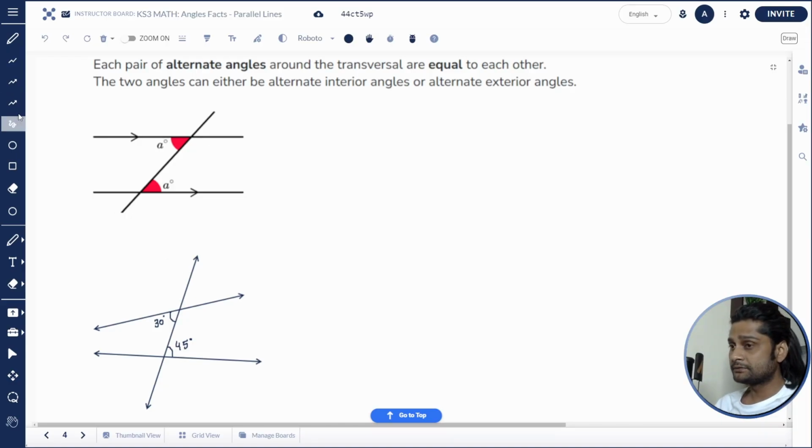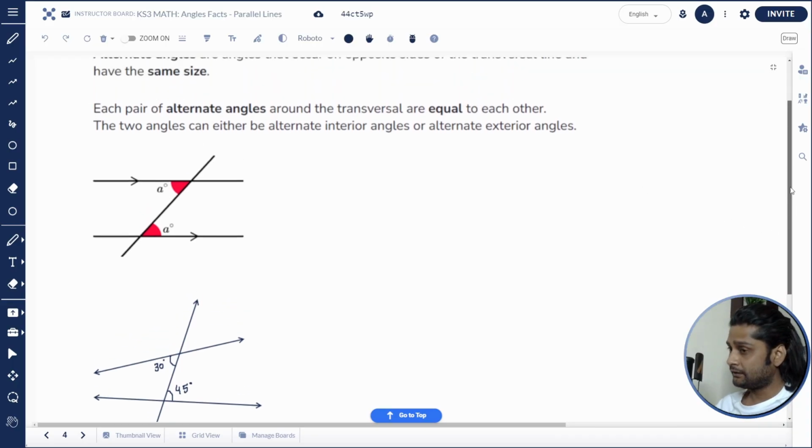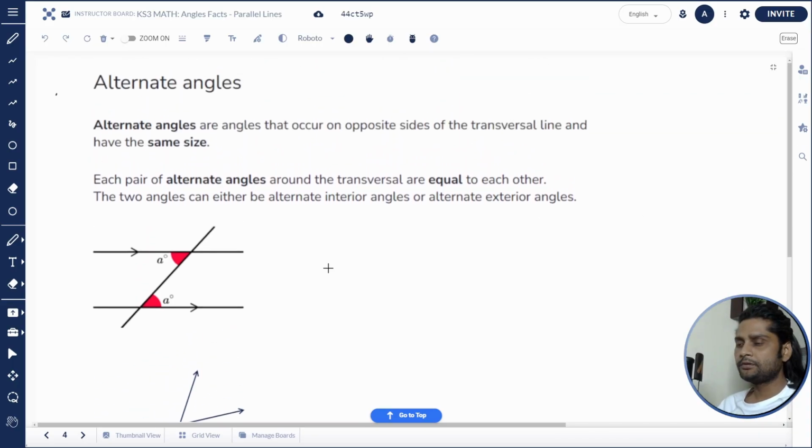Now students, we can further categorize them as alternate interior angles and alternate exterior angles. So students, the example we see right now are called alternate interior angles. Why? Because we see the angles lie in the interior region of the parallel lines.